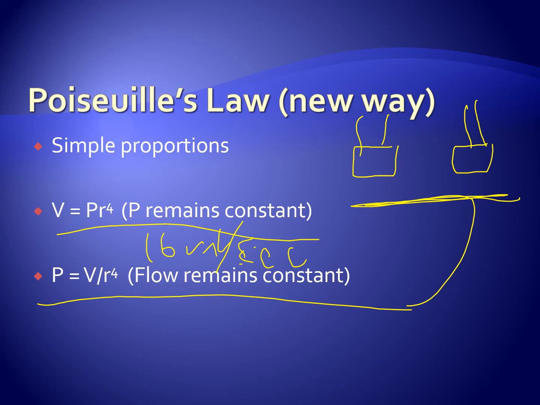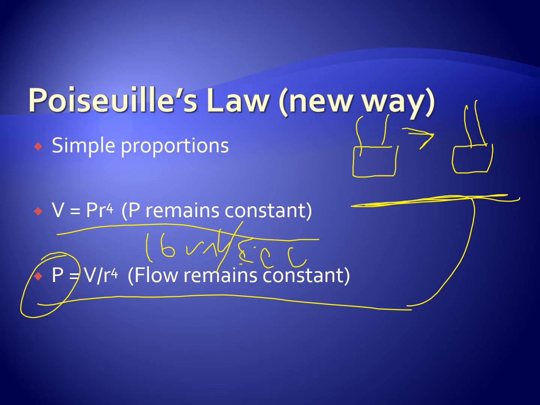If I want that same amount of milkshake, that 16 milliliters per second, if I go from a bigger straw over here on the left to a smaller straw over here on the right, I'm going to have to increase, if I go from bigger to smaller, the pressure I need to get that same flow rate. To get that same amount, I'm going to have to use a lot more suction pressure to get that same 16 milliliters per second.